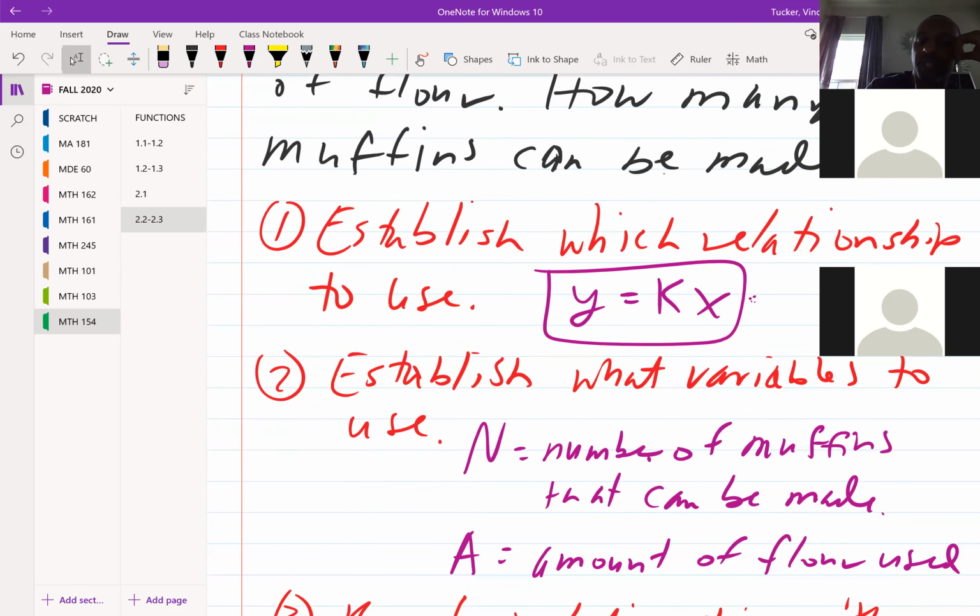Last time I used N and A. This time I'm going to use M for muffins, F for flour used. You could leave it as X and Y, but you do want to make sure you establish what X means and what Y means. Establish your variables. I'm letting M represent the number of muffins that can be made, and F is going to represent the amount of flour used.